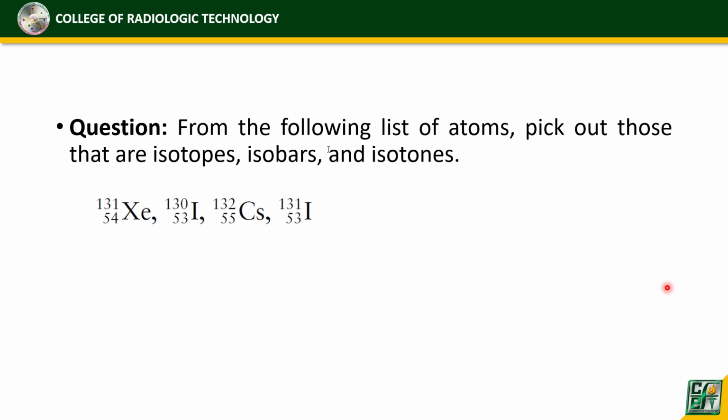Okay, so yung isotope dahil sila ay parehas ng atomic number, yung dalawang iodine. Kaya siya isotope, tama? Okay, very good. Then yung sinabi mo kanina iodine 131 plus xenon 131, parehas sila ng atomic mass number. How about yung last answer mo?